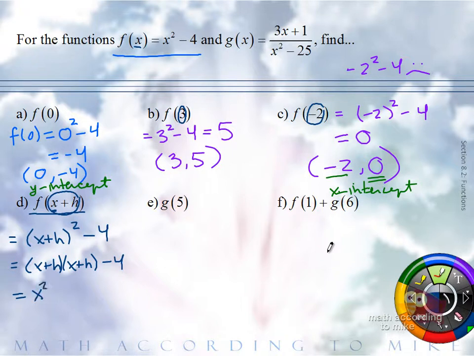Outer? Well, that's going to be the final result, but that's fine. So xh, then inner is another xh or hx, it doesn't matter. And then last? Good. And don't lose that minus 4, it still sticks around. So how many xh's do we have? 2.